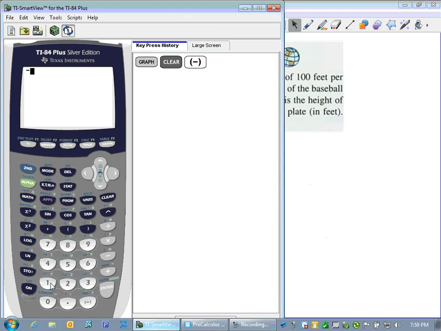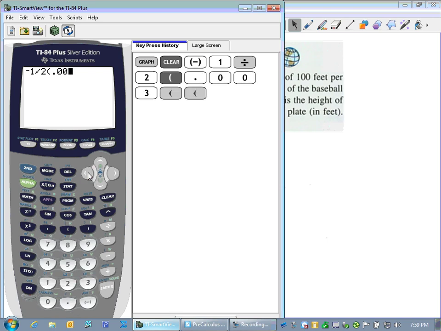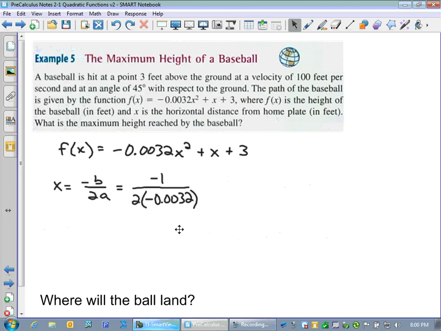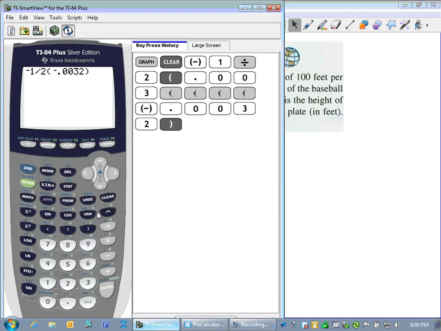So again, that was negative 1 divided by 2, open parenthesis, negative 0.0032, close parenthesis. If I enter it in just the way I see it here, I'm actually going to get the wrong answer. That is not the correct answer.